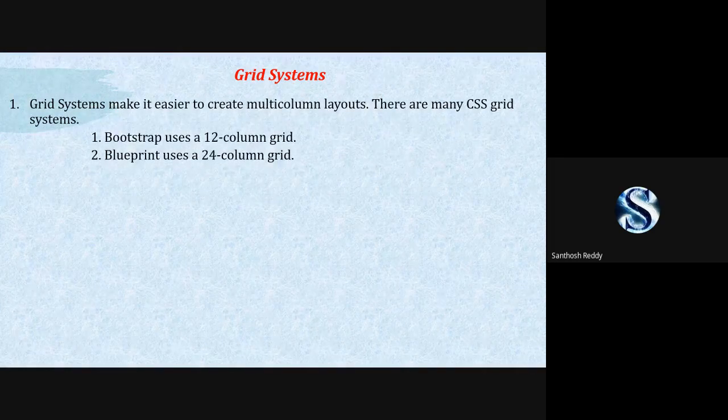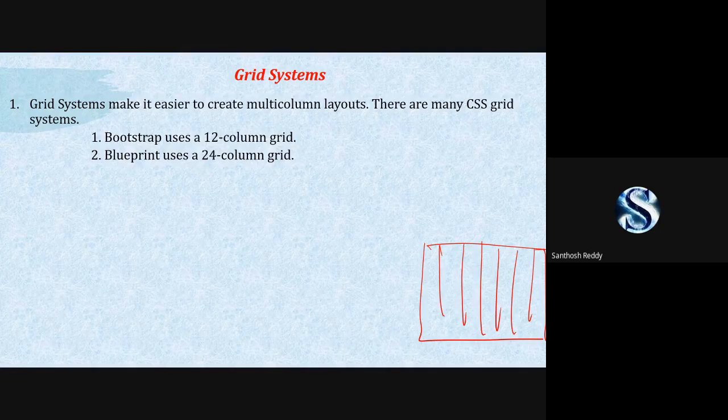Grid systems make it easier to create multi-column layouts. For example, we have Bootstrap concepts. In Bootstrap we have a 12-column grid, so the web browser is going to have 12 columns. The same way, if you're using Blueprint, we have 24 columns.